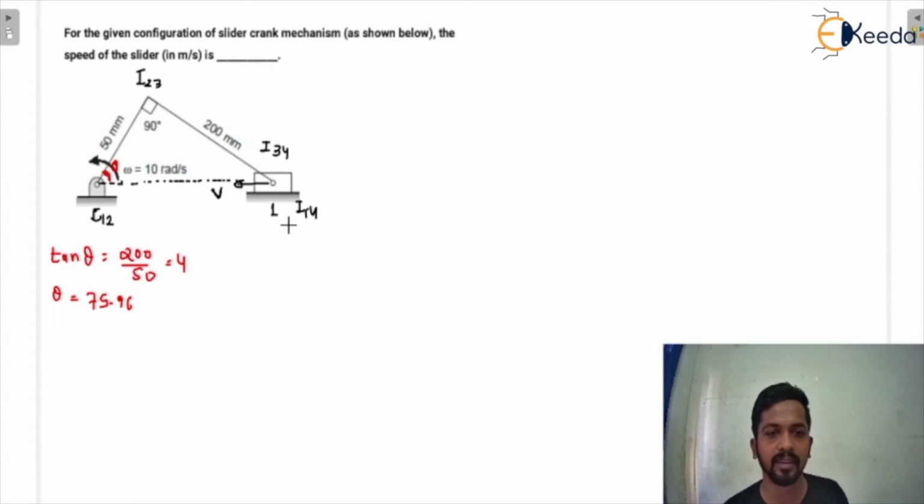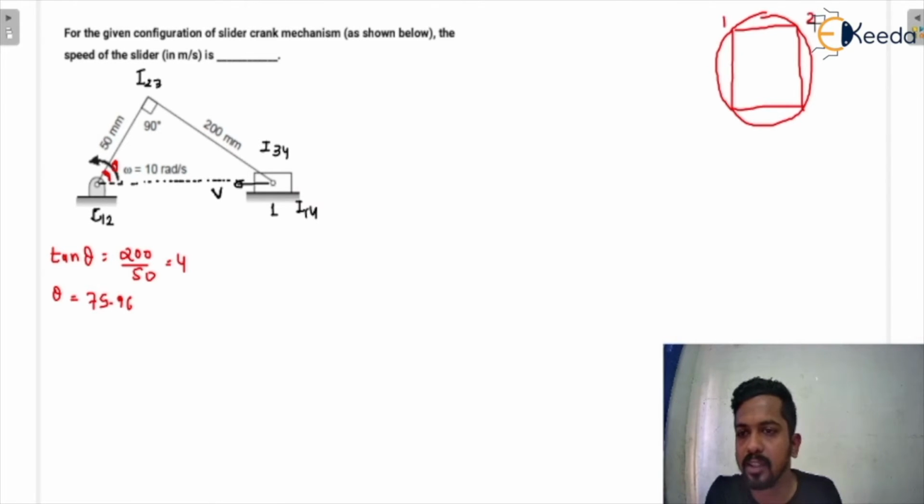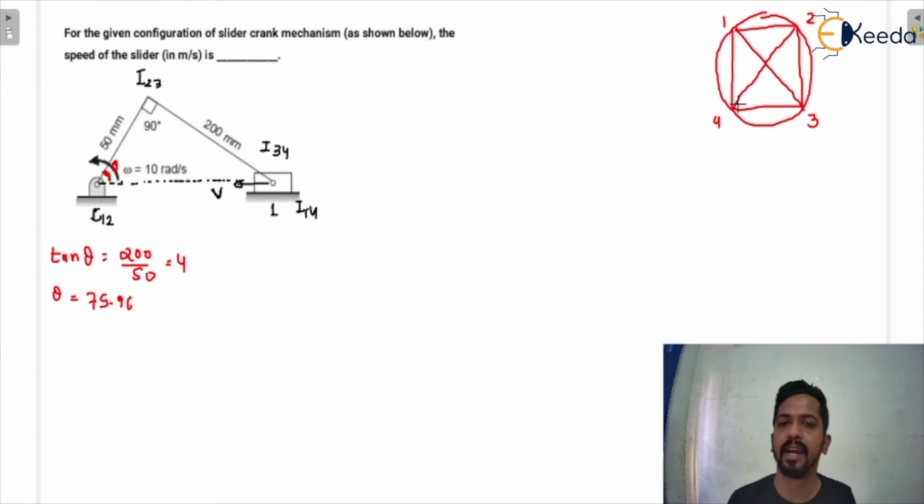Now we just want to know the velocity of the slider, that means v. Now see here, we are finding the remaining instantaneous center, that is I24. This is 1 and this is 2, this is 3 and this is 4. We can find the remaining instantaneous centers by the circular method.